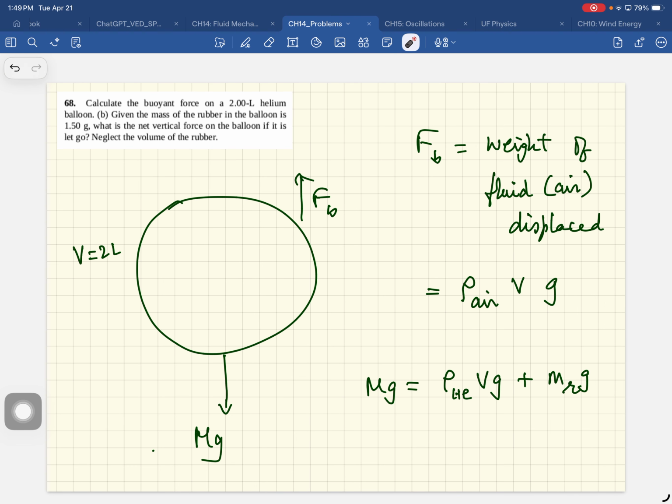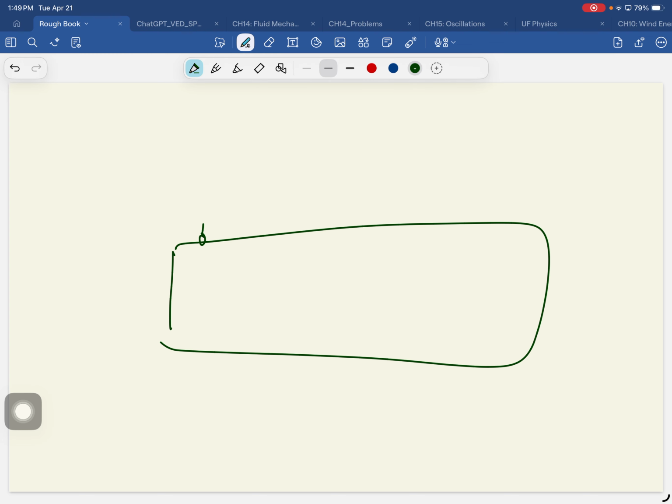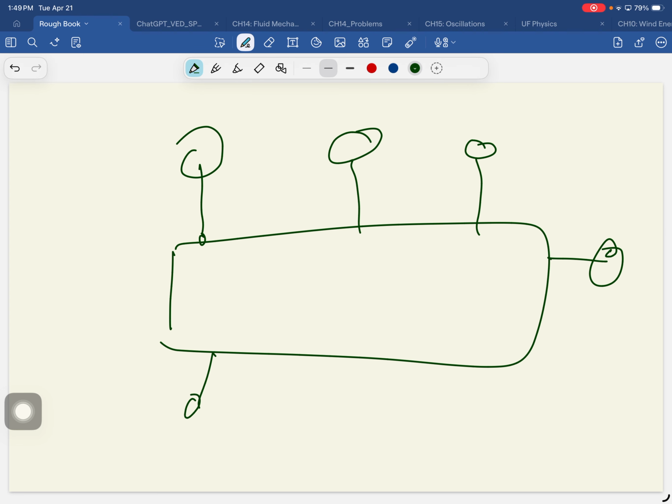Okay, so the density of helium is 0.179 kg per meter cube, times 2 into 10 to the minus 3 meter cube, times 9.8, plus the mass of the rubber. What was the mass of the rubber? 1.5 grams. 1.5 into 10 to the minus 3 kg times 9.8.